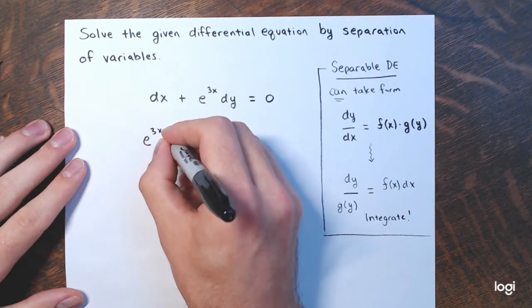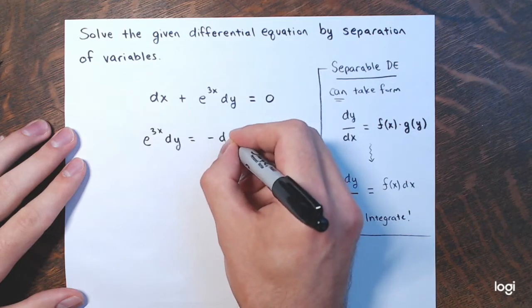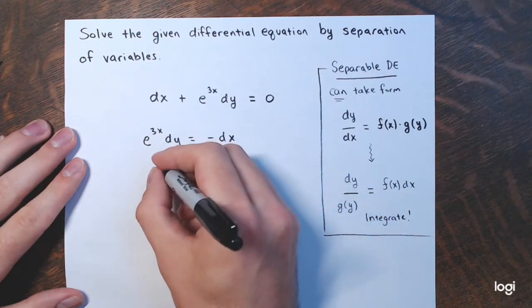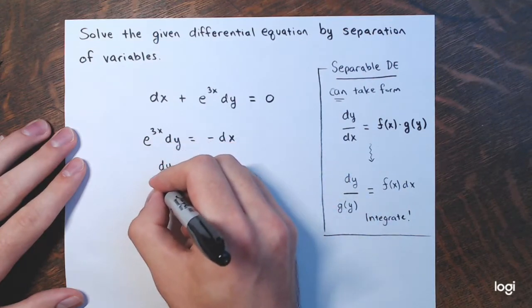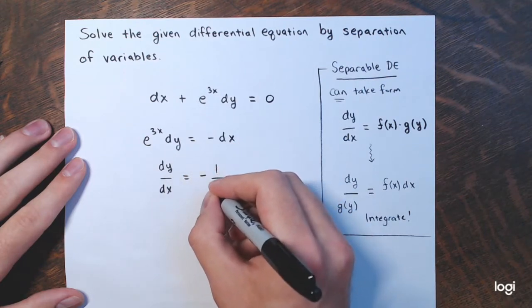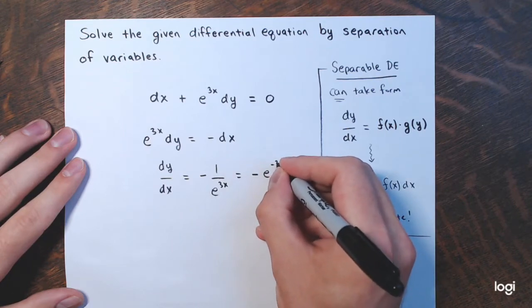We have e to the 3x times dy equal to the opposite of the differential of x. Then dividing by dx and dividing by e to the 3x, we'd have dy/dx equals negative 1 over e to the 3x, or negative e to the negative 3x, if you want to look at it that way.